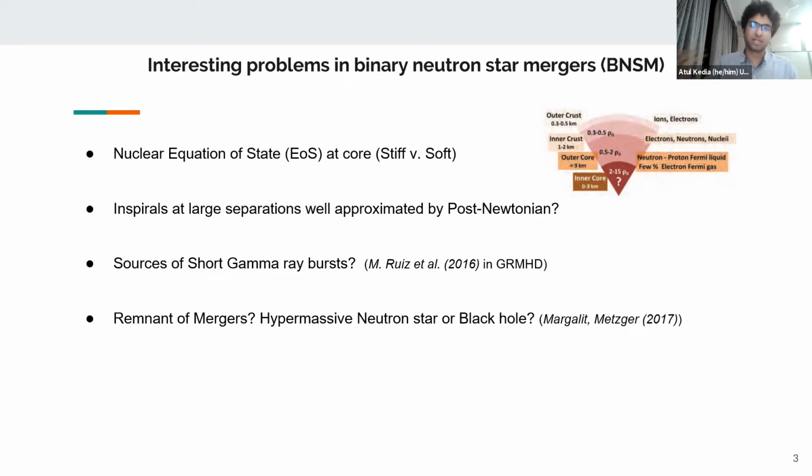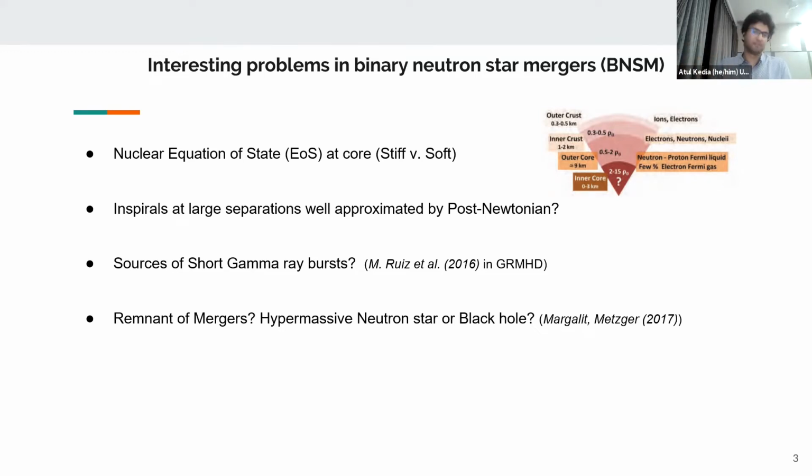Further, there are questions relating to binary neutron star mergers: whether the inspiral at large separations is well approximated by post-Newtonian calculations or not, whether they are the source of short gamma ray bursts, and what the compact remnant of the merger is, whether it's a hypermassive neutron star or a black hole, or whether the neutron star collapses to a black hole promptly or later on after some time.